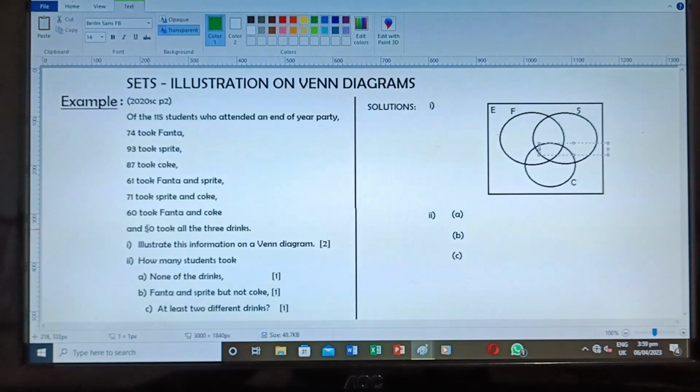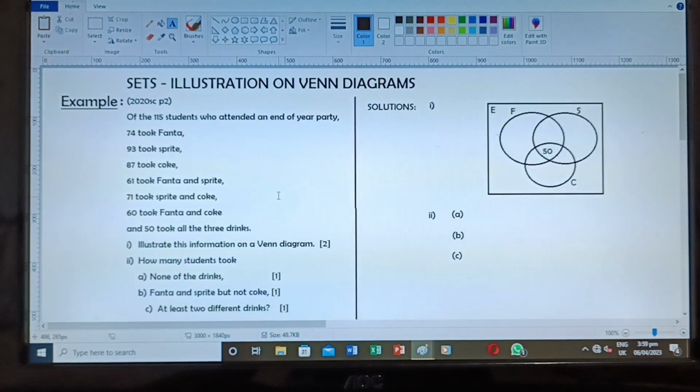Down here, we are told that 50 took all the 3 drinks. So this is the first information that should be put in the Venn diagram. So let's put our 50 here in the middle.